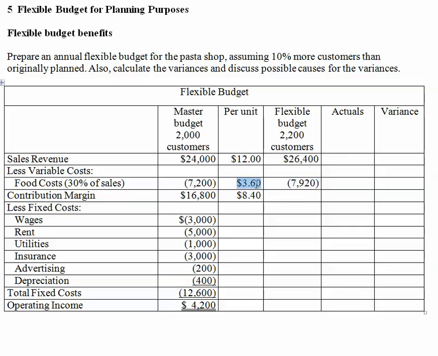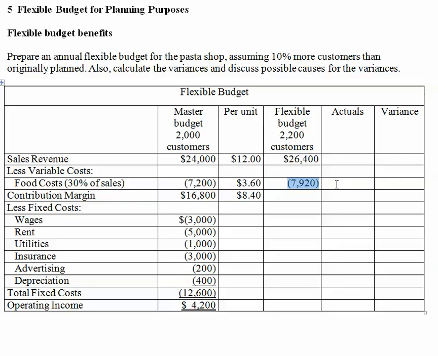In other words, 3.60 times the 2,200 means that we should have had costs of 7,920. What you then do is compare to what the actual amount was, and you're hoping it's going to be a favorable variance, that it's not 7,920. In other words, you hope that you didn't spend as much.